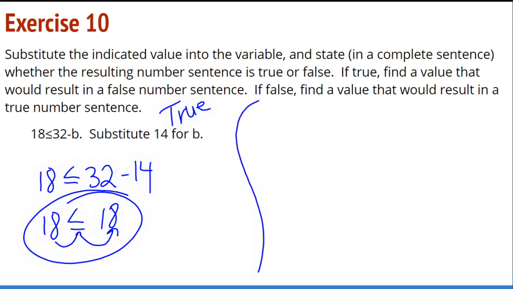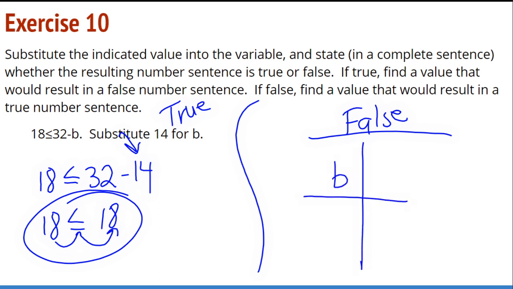But now I need to have a situation that is false. I need to subtract something and not be less than or equal to 18. So I took 14 away and I was equal to 18. So if I take away something less than 14, perhaps it will work. I'll do a 1 here.